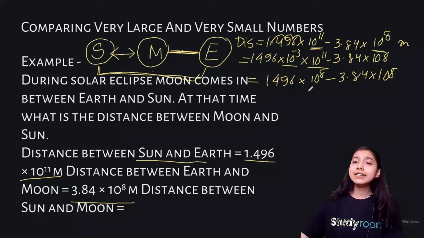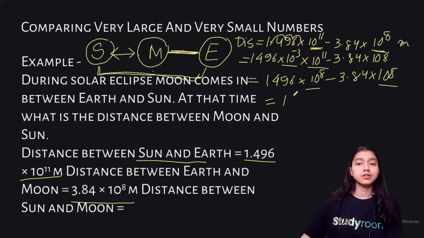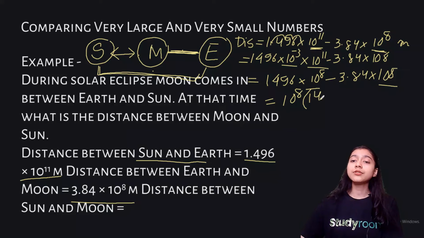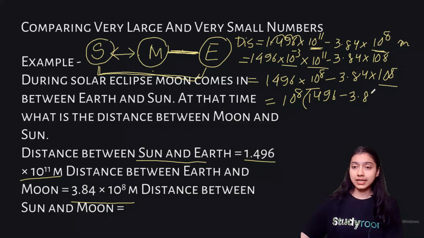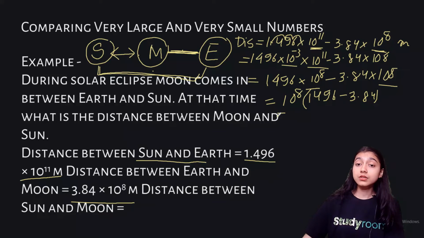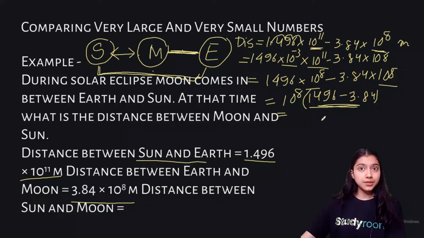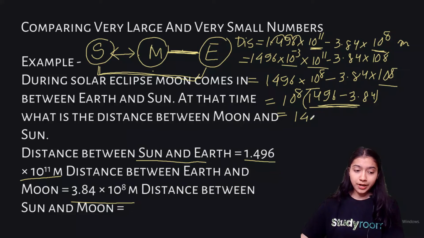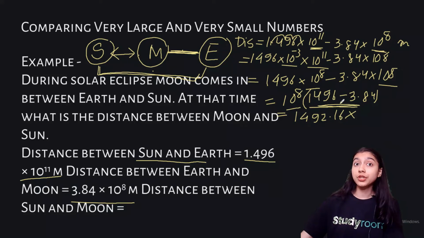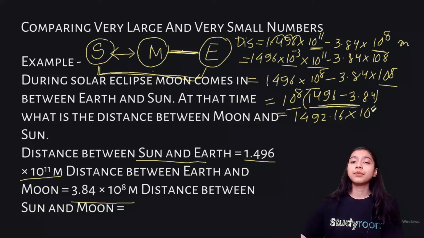Now we can easily take this quantity, that is 10 to the power 8, outside from both the terms. So we are left with 10 to the power 8 and within bracket we have 1496 subtracted with 3.84. Subtracting this gives us 1492.16 multiplied with 10 to the power of 8.